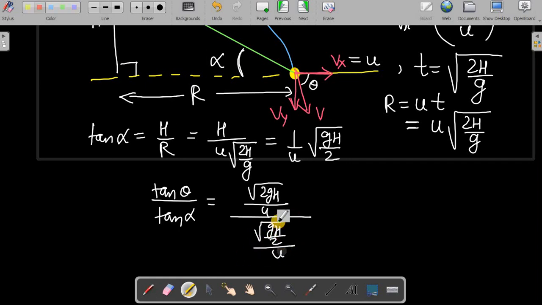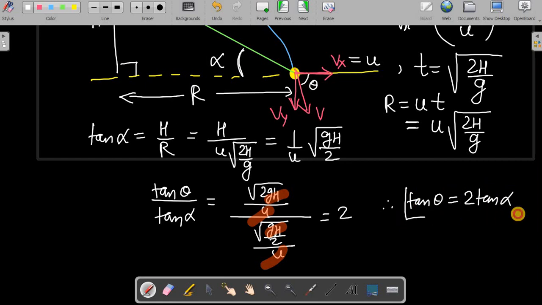So u gets cancelled, even the gh factor gets cancelled, and you will get root 2. So that's why tan theta is going to be 2 times tan alpha.